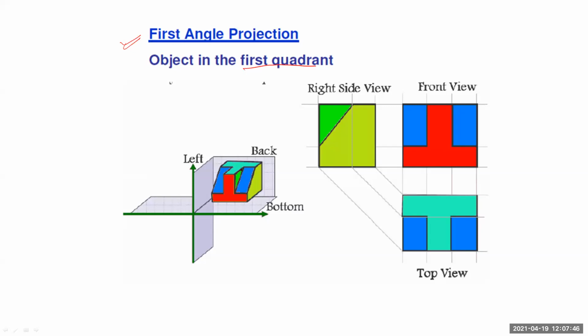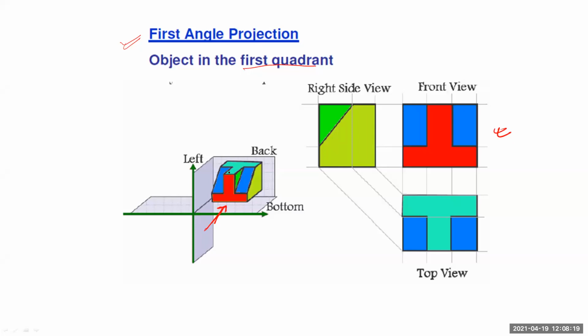For different faces, different colors are used, so you can easily identify what an observer looking from this side sees. This red color face will be your front view. In your front view, you will not be able to see this green side face. This is also a similar green color, with some shade.